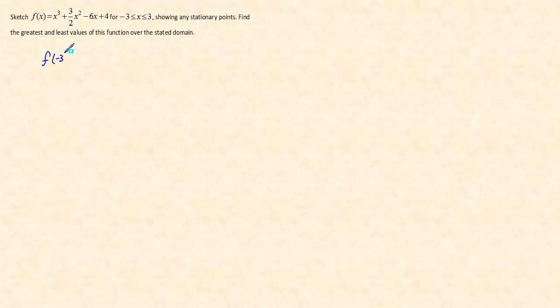So f of -3 is going to be -3 cubed plus 3 over 2 times -3 squared. Take away 6 lots of -3, add 4.